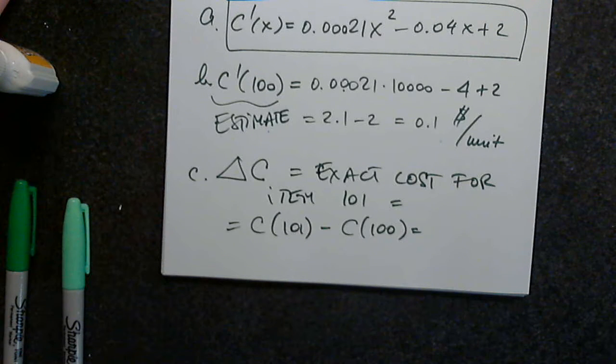And now I go to second and table and I plug in 101 and I plug in 100. And I go and highlight to see what's happening here.